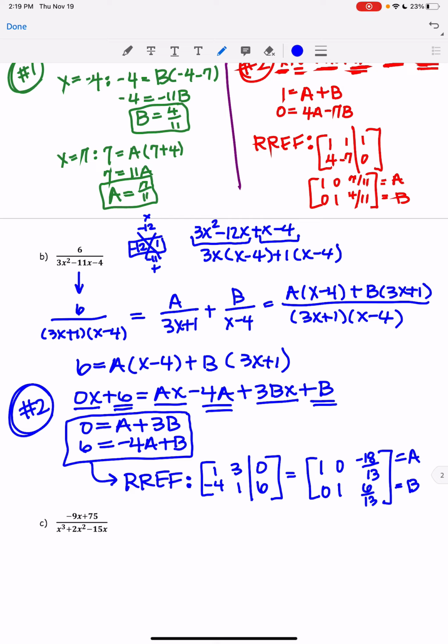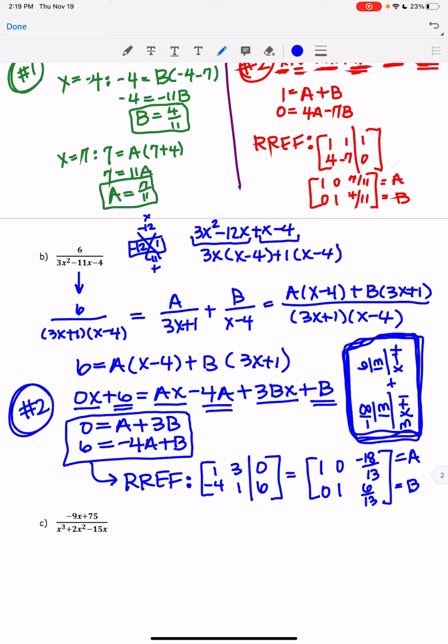I'm sorry. We get negative 18 over 13 all over 3x plus 1 plus 6 over 13 all over x minus 4. That's my final answer. Okay, sorry that's sideways, but that's the best room I had.